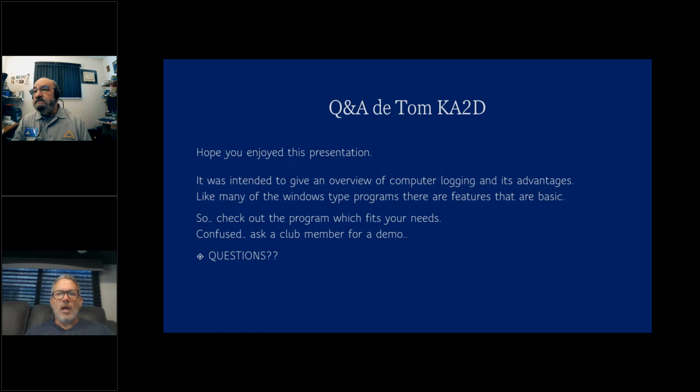Okay, let's say you were operating in a park using one of these HamRS loggers. What would you have to do to get that information into your general logging program? Like all programs, it'll export to an ADIF file. So you would export from the HamRS program and save the file. For instance, the best way to save a file would be if you were at park 2078 and the date.